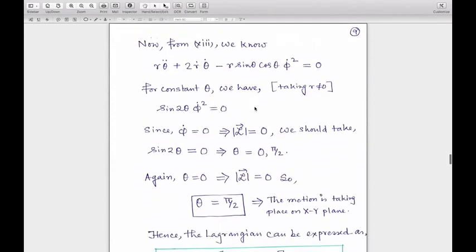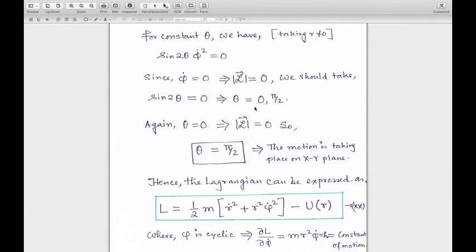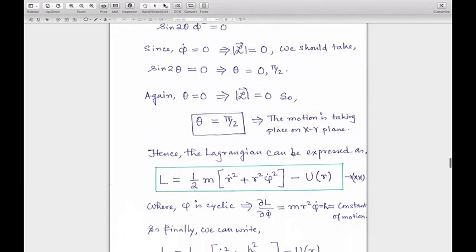And what is that? That means this is simply the normal xy plane. So the motion is now taking place on the xy plane, and the total angular momentum is directed along the z-axis, and it is a constant.